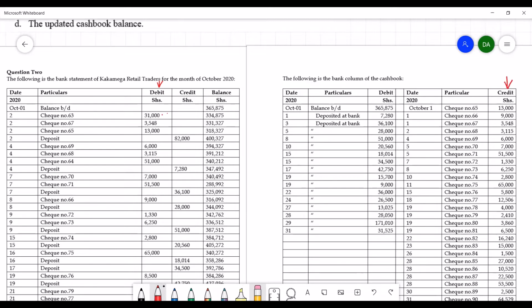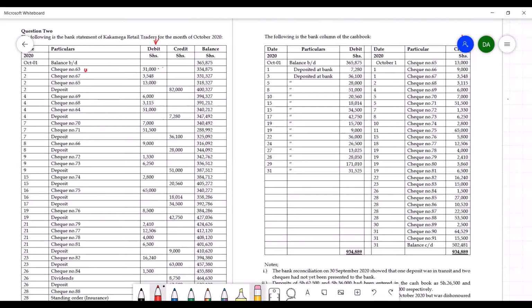So this check was an unpresented check at the beginning. So we're going to call it unpresented check brought down. Then we are going to look at the next check, which is number 67.